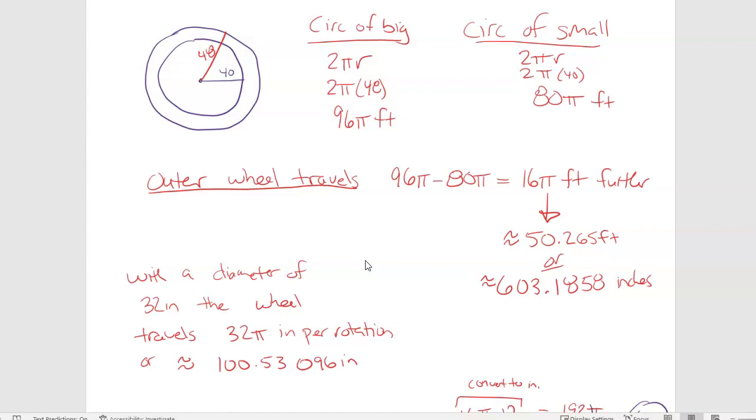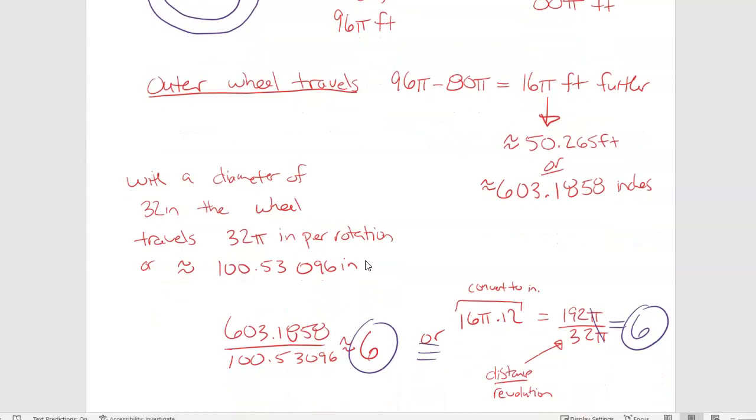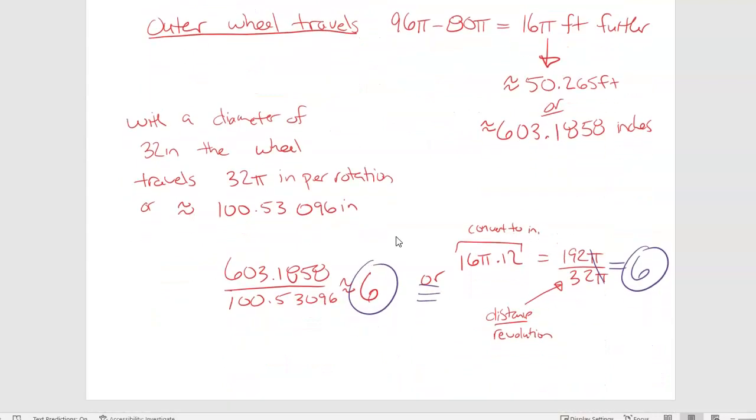Well, that's just the circumference of the tire, and you still use the formula 2 pi r or pi d, so it'd be 32 pi inches per rotation, or about 100.53096 inches. Now, when you figure out how many rotations that is, you say, well, the distance was 603 inches further, and each tire rotation would be 100.53 inches, and you get 6 extra rotations.